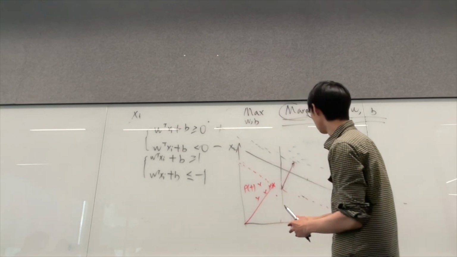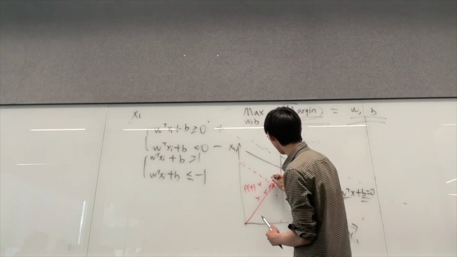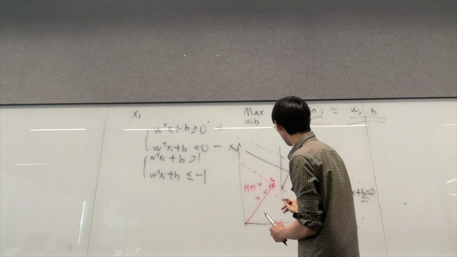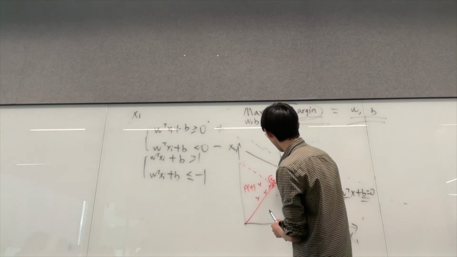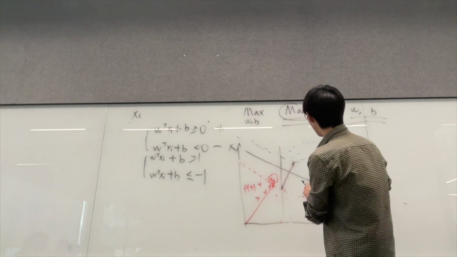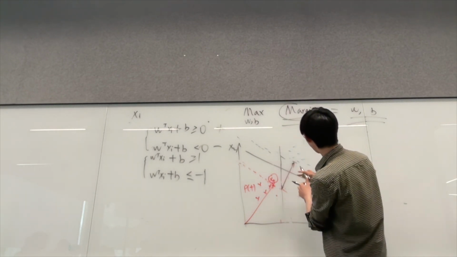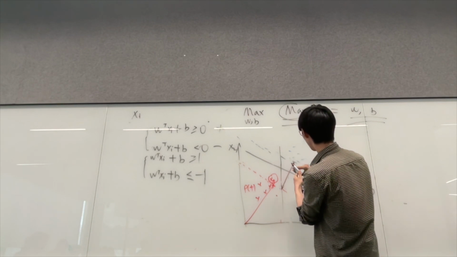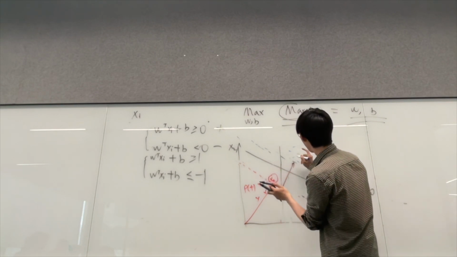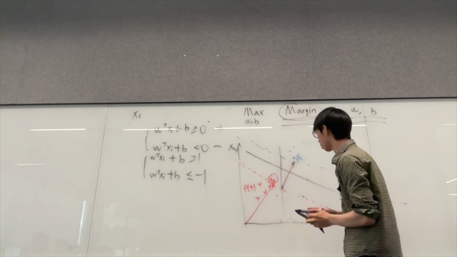This is the vector for this point. I call it x plus. Also, same thing, we have x minus here.